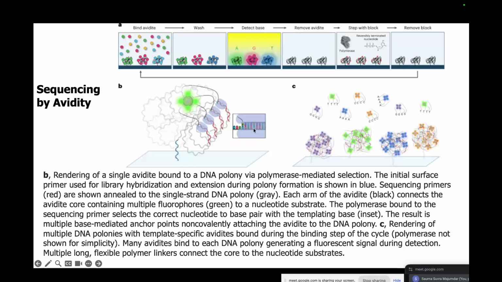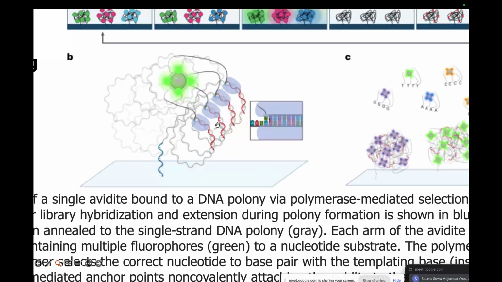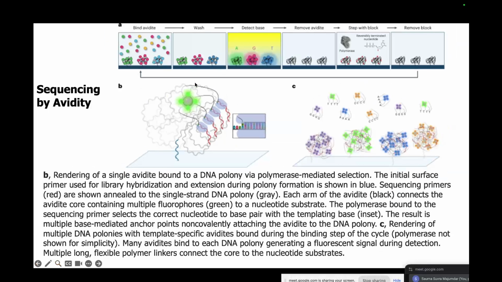Sequencing primers are annealed to the single-stranded DNA polony, because again you are using DNA polymerase, so you need these primers as well. And after that, each arm of the avidite, which are these black arms, connects the avidite core containing multiple fluorophores to a nucleotide substrate, and the polymerase bound to the sequencing primer selects the correct nucleotide to base pair with the templating base.